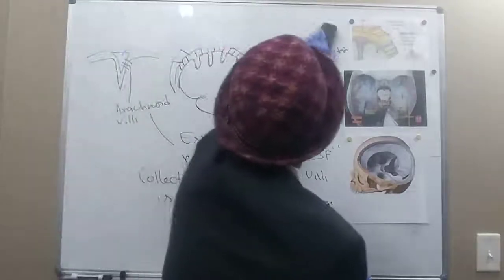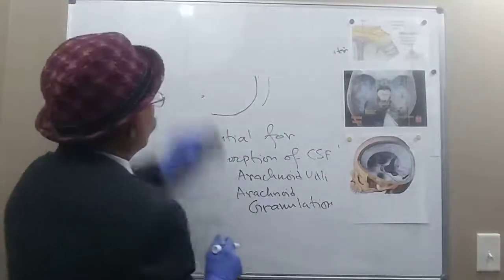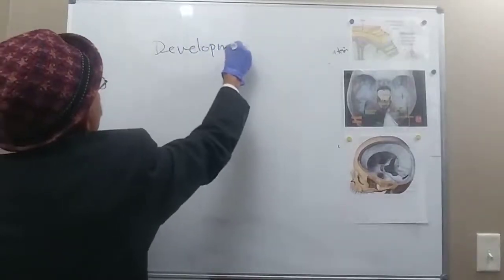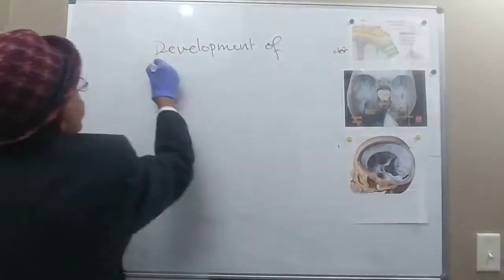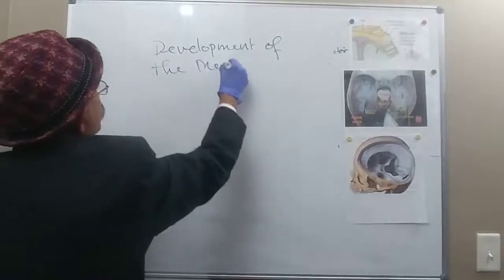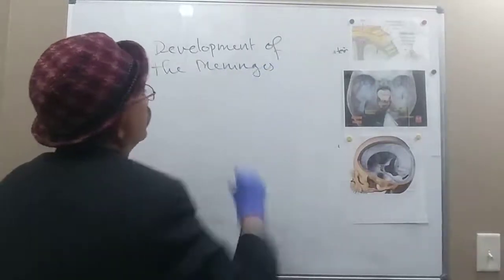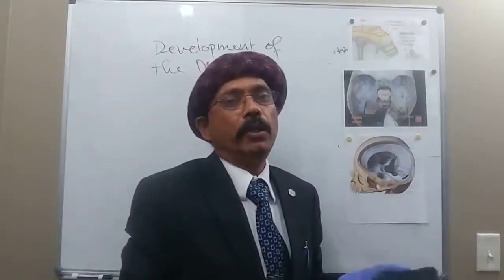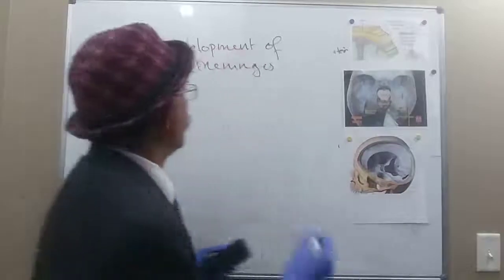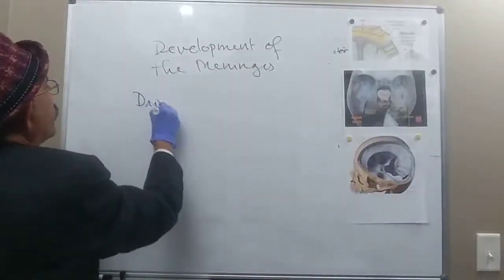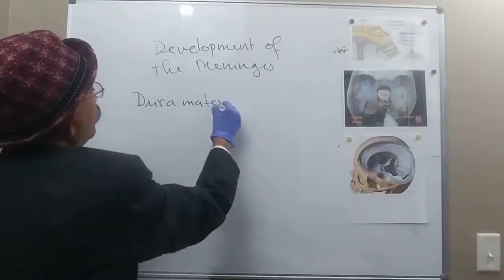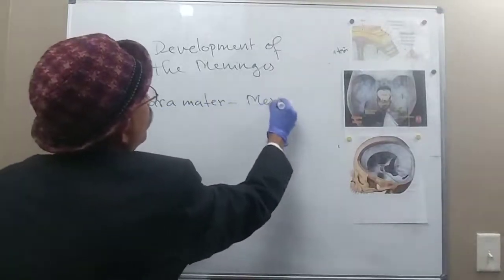Now we'll go to the development of the meninges, from where they are developed. They come from the mesenchyme, which is the embryonic connective tissue. So the dura mater is mesodermal.